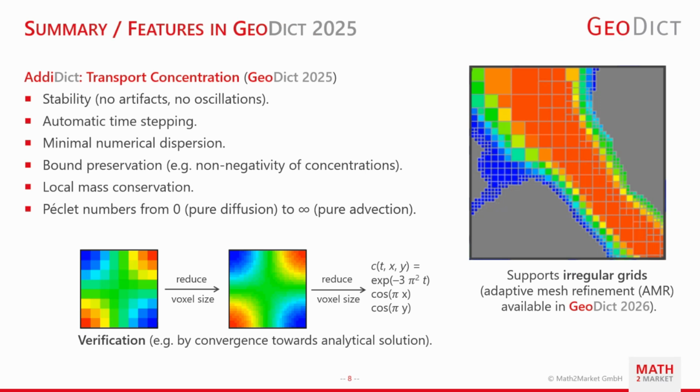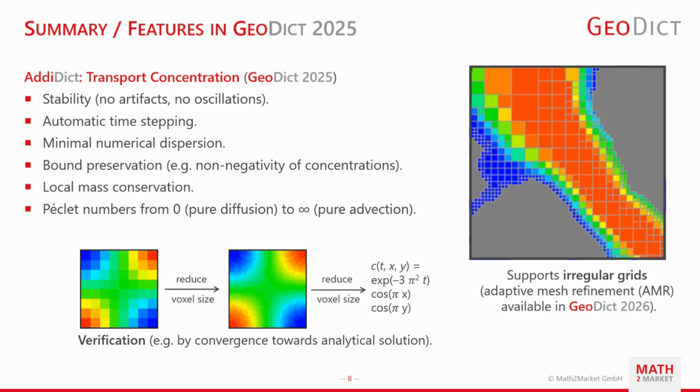Okay, so to summarize this transport solver of GeoDict 2025, it is able to handle the whole range of Peclet numbers from 0 to infinity in a stable fashion, so you will not receive any artifacts or oscillations. As a user, you don't have to take care of any time stepping sizes, for instance. This is all what the solver does for you.